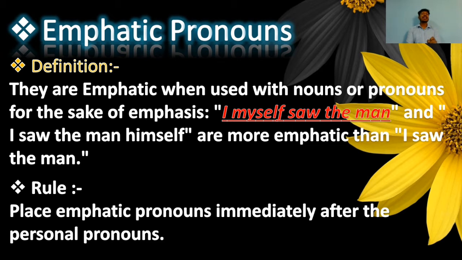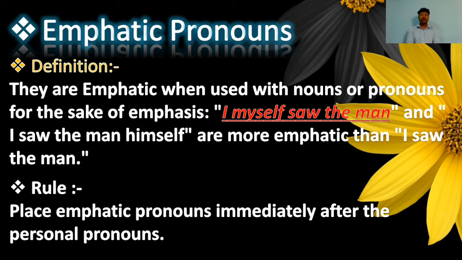So in "I myself", myself is an emphatic pronoun because myself is going to emphasize the pronoun or the whole sentence. And "I saw the man himself" is more emphatic than "I saw the man". So "I myself saw the man" is the proper one and myself here is an emphatic pronoun.